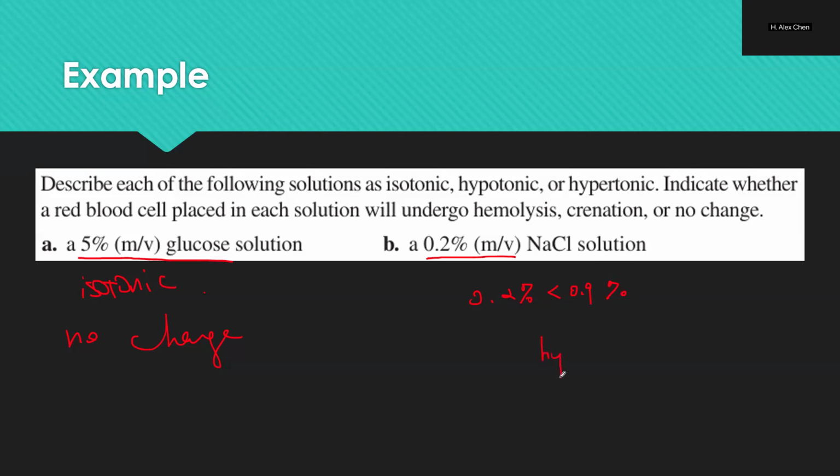Therefore, I'm going to qualify that as hypotonic. What happens in a hypotonic solution, or what happens when the cell concentration is greater than the solution concentration? The water molecules will flow into the cell and cause the cell to burst. And this process is called hemolysis.